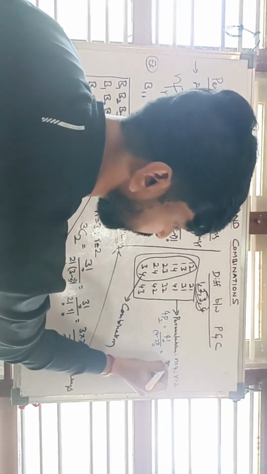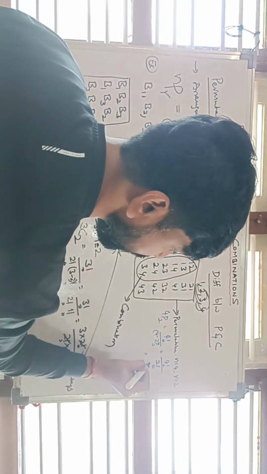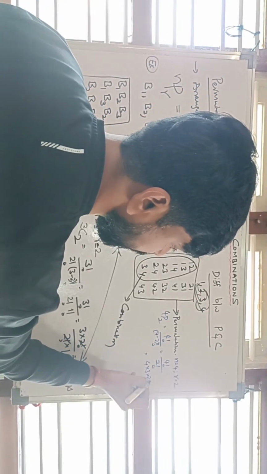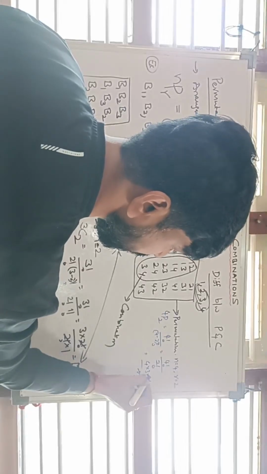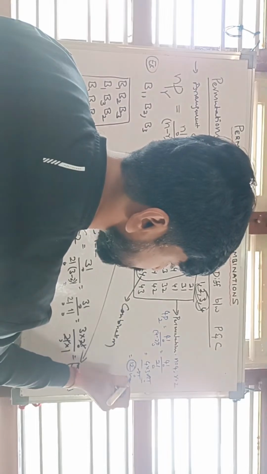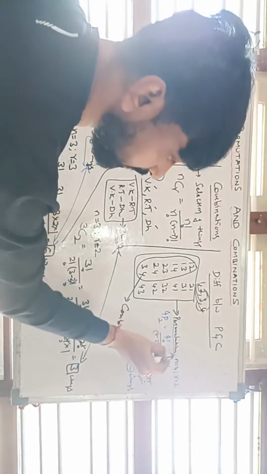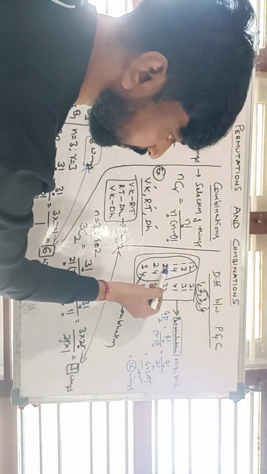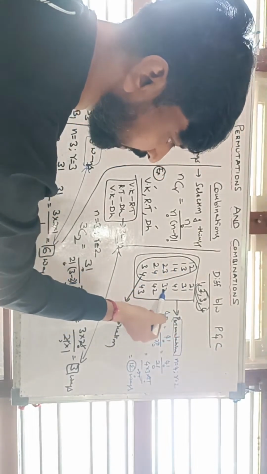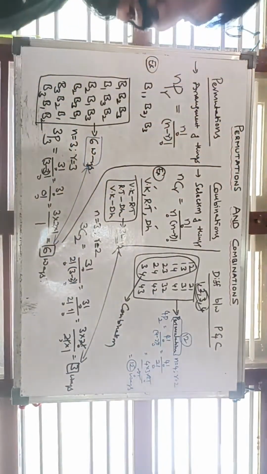That is 4 factorial by 2 factorial, and hence 4 into 3 into 2 factorial by 2 factorial. 2 factorial gets cancelled. 4 3s are how much? 12. 12 ways you are getting. Did you observe how many cases you are getting for permutation here? 1 2 3 4 5 6 7 8 9 10 11 12. 12 cases only.